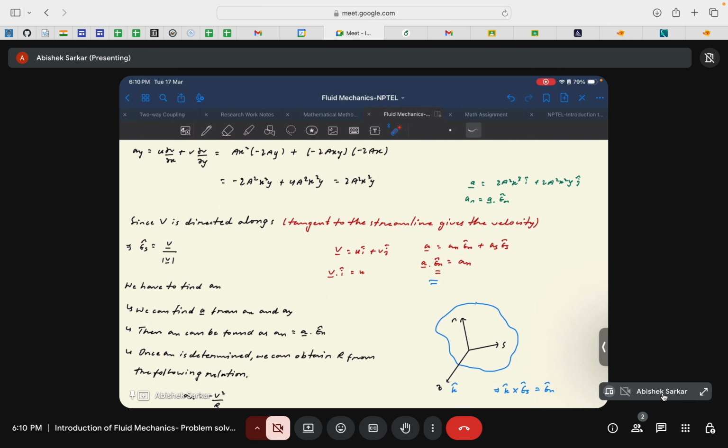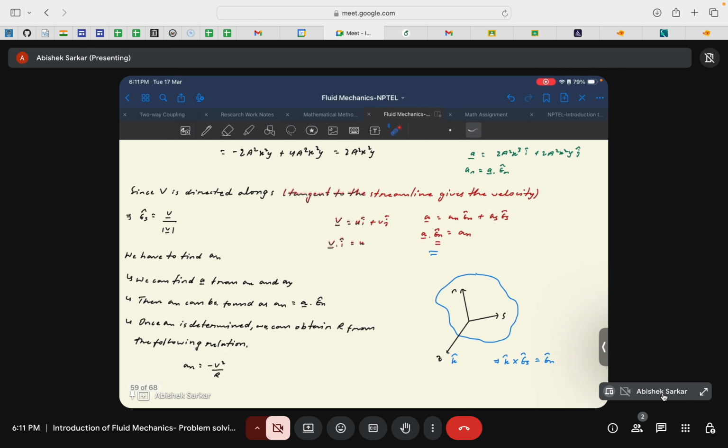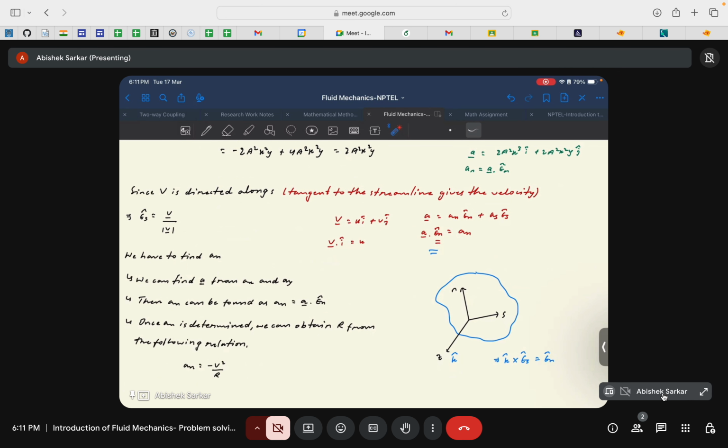To do that, you can use a very clever trick given by Prof. Chakraborty. You take a cross product of k cap, the unit vector along the z direction, with the unit vector along the streamline direction. The cross product of k cap and epsilon s cap gives epsilon n cap, because even in streamline coordinates, the z direction from the Cartesian system remains normal to the streamline coordinates.